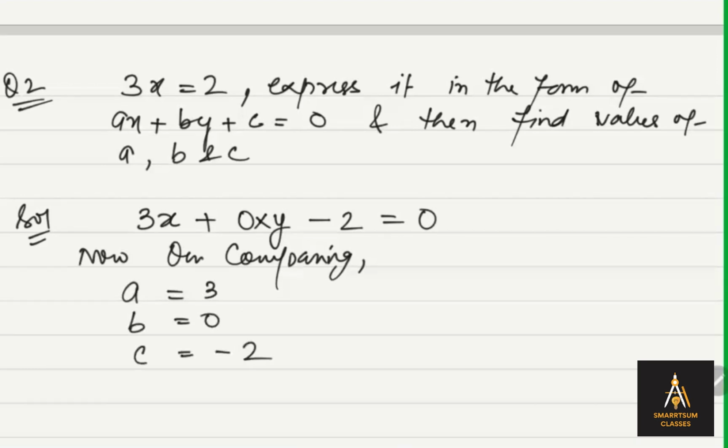So this time the coefficient of y is 0. So we can say that a linear equation in one variable is a special case of a linear equation in two variables where the coefficient of the other variable is 0. Is that clear? Now note it down.